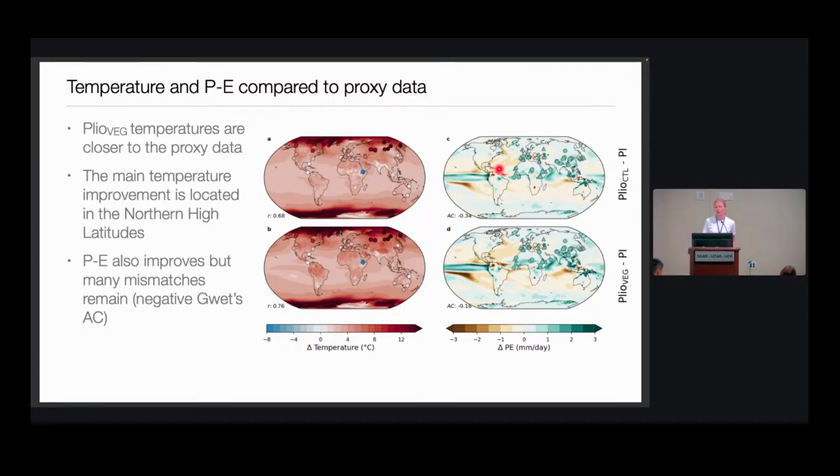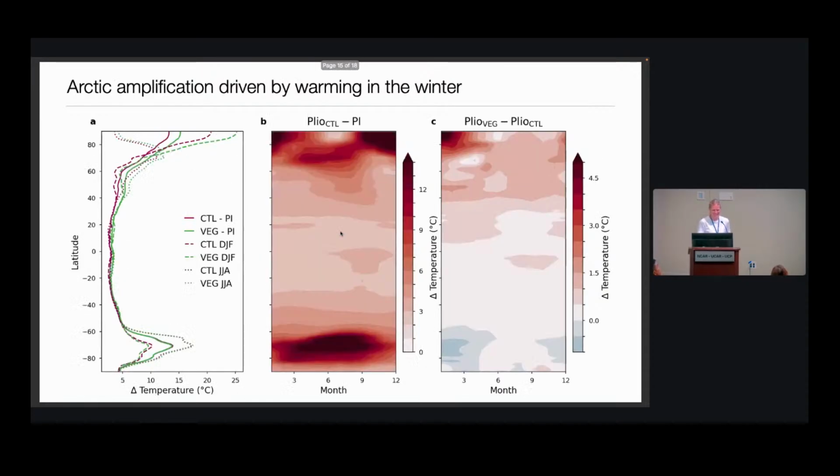This is a lot driven by drying we have in the Mediterranean and over Europe, while the proxies say this shouldn't happen. In our Plio-Veg, it gets a little bit better because it gets less negative, but it's still not very good. So we have to be careful when thinking about P minus E, and we will not talk about this for the rest of the presentation.